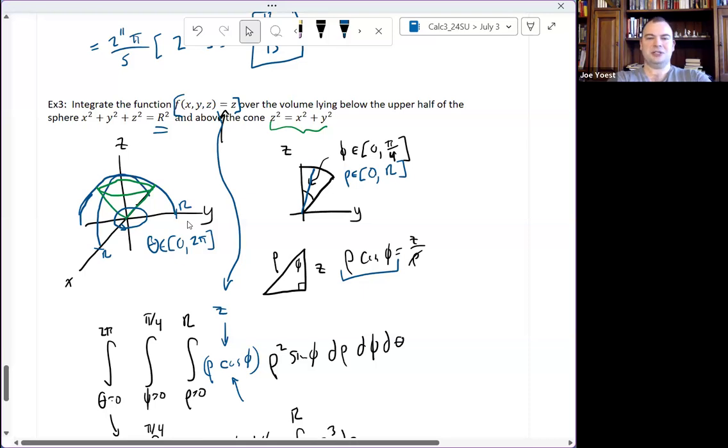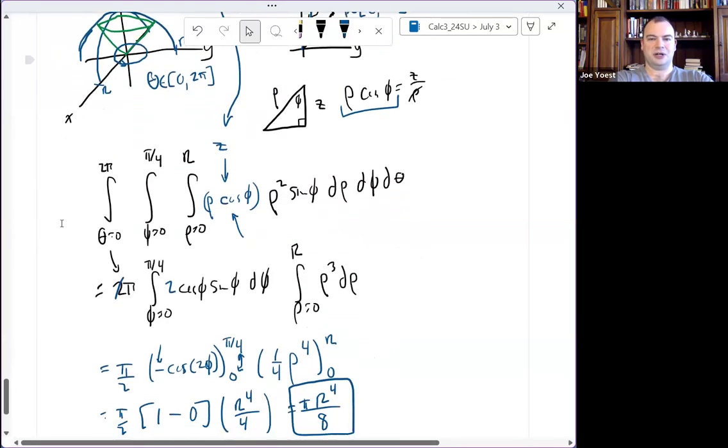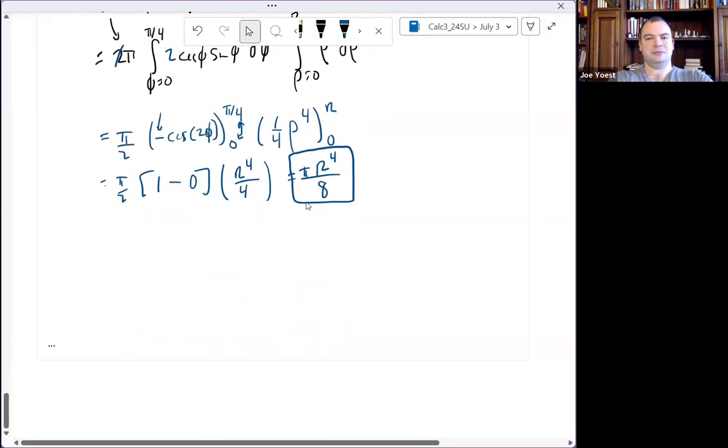So that's really what it tells us, is that as the radial distance of the sphere gets bigger, the volume of the sphere scales like r cubed, but the heat or something like that scales like r to the fourth.